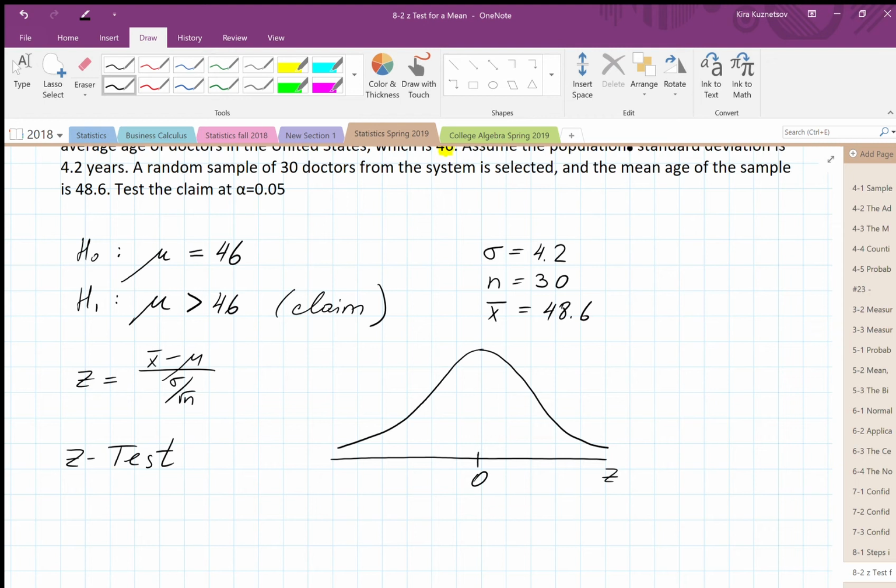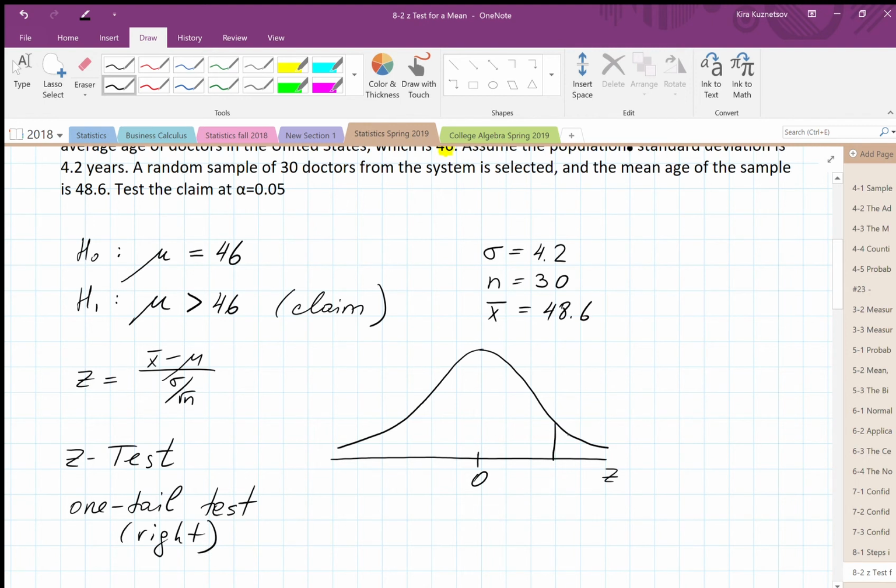If the book is asking for critical values, we'll find critical values, and right here under the alternative hypothesis, you can tell whether the test is a one-tailed test or a two-tailed test. If you have a greater than sign, you know that it's a one-tailed test, and you know that it's a right tail.